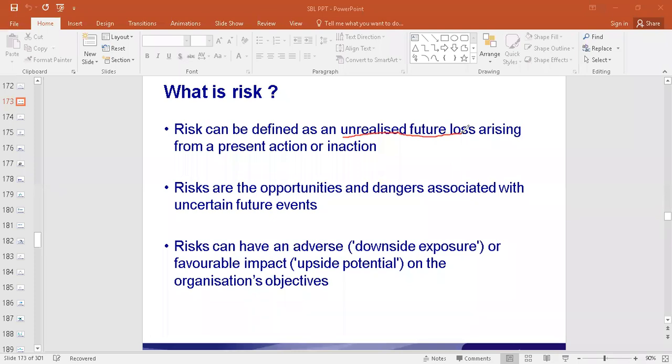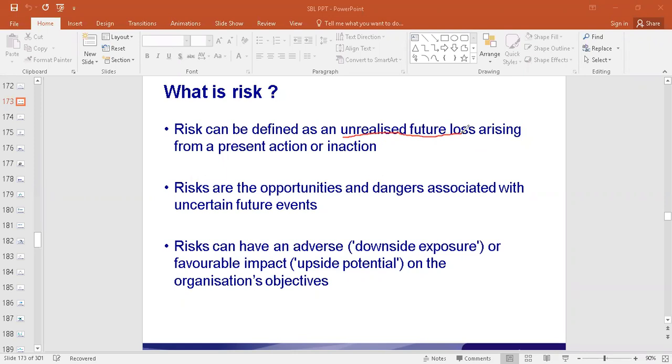If they anticipate that there would be some variation, either they take some measure or they do not take a measure. Any anticipation about a variation from the expected thing happening in the future can be referred to as risk. It is defined in many ways. This is one way of presenting it here.